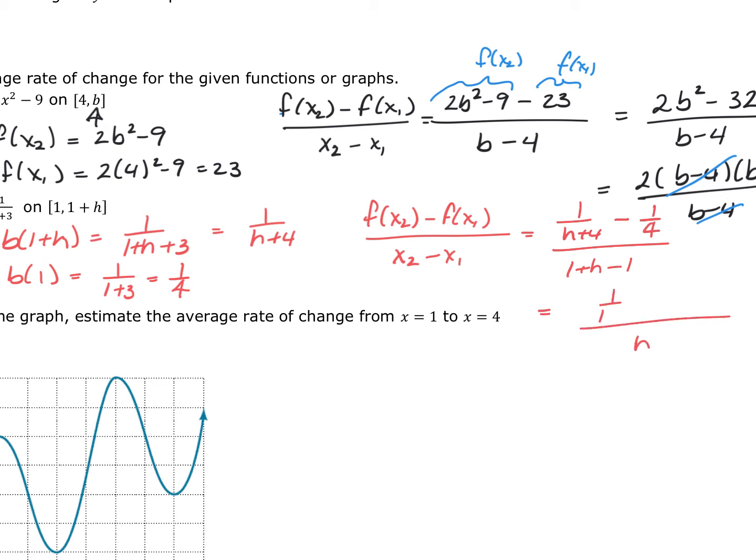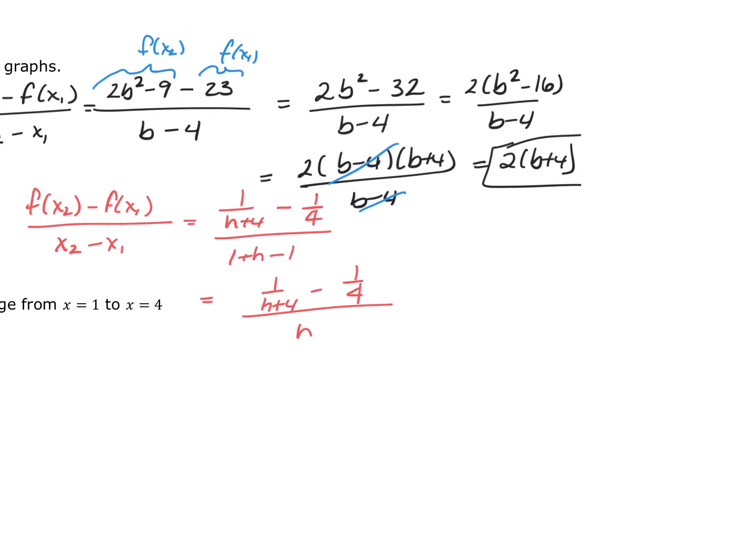In the numerator, I have these two fractions. Option A is I make a single fraction in the numerator and then multiply by the reciprocal of the denominator fraction to simplify. Option B is I multiply everything by my lowest common denominator. So I'm going to multiply the numerator and denominator by 4 multiplied by h plus 4 because that is the common denominator of those two fractions.